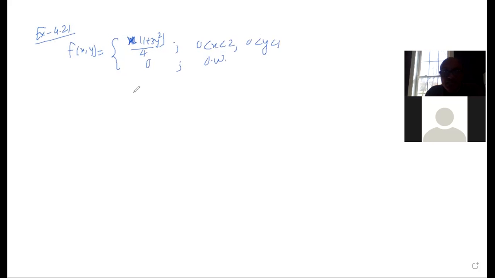Now my g of x from the definition of the marginal distribution, from page 97, definition 3.10, marginal distribution.